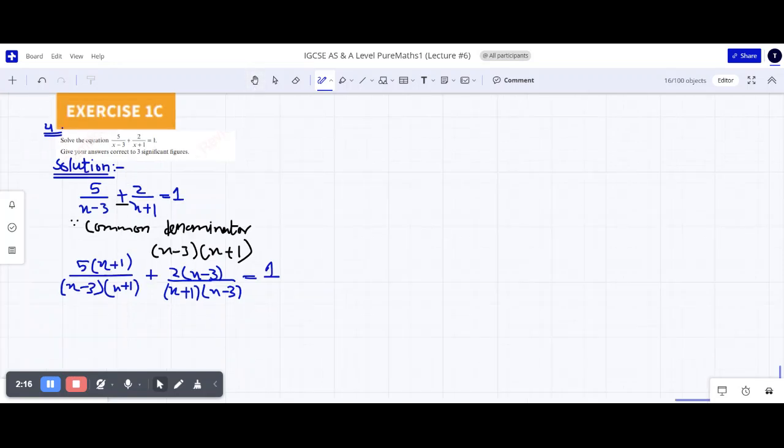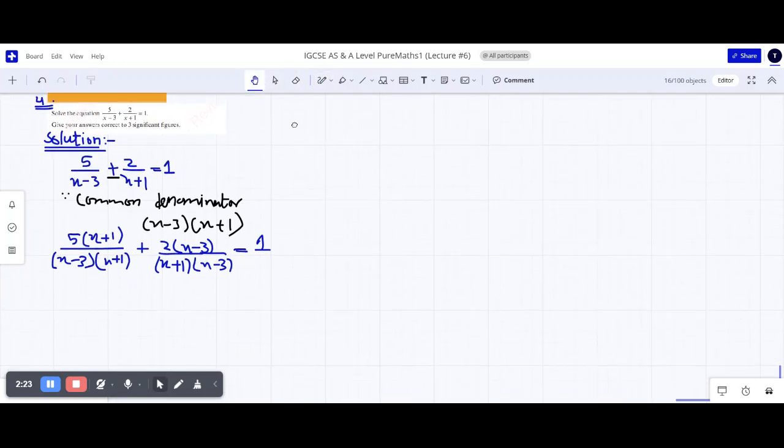After that, if the denominators are the same, remember, we take the LCM. So if denominators are the same, we just write it once and bring down the numerators together.